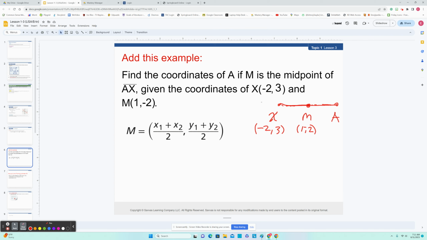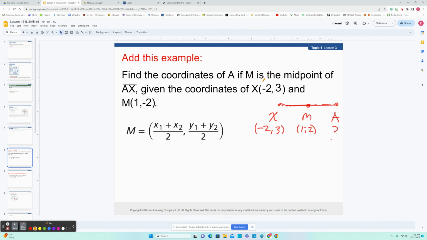All right, so we have this segment. Now what we're going to do is we're going to set this up a little differently. Now they're not giving us this endpoint. This is what we need to find. So since that is what we need to find, we're going to substitute into the midpoint formula a little differently. One thing you need to realize is that these are technically your first points.